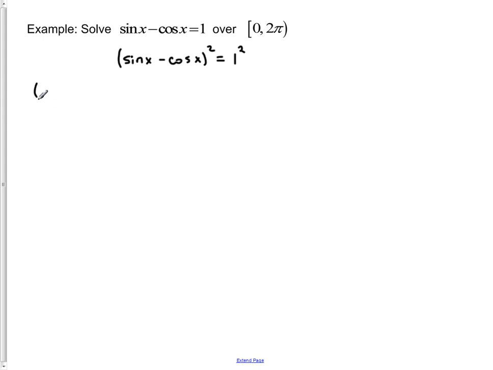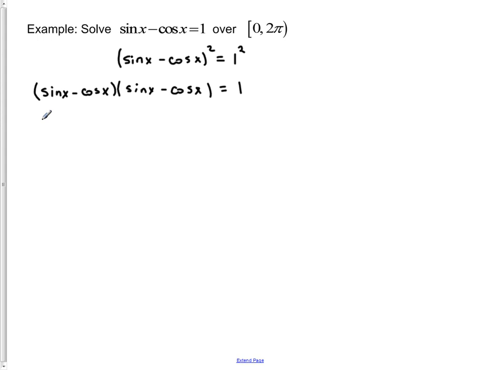Well, don't forget, that is actually a situation in which we would have to carry out the FOIL method if we were to carry this out, or if you happen to remember your special form multiplications, you can actually carry out this multiplication a lot faster, right? Anything squared means multiplying it by itself, so there's going to be multiple terms right here.